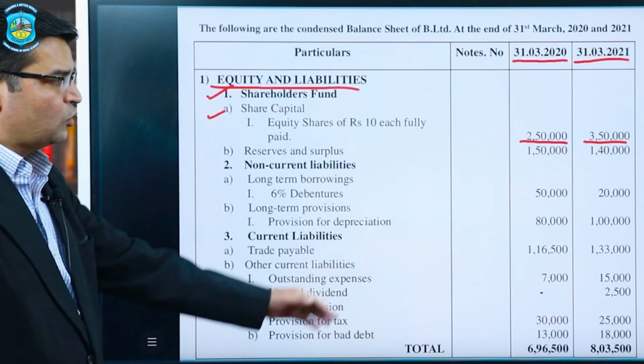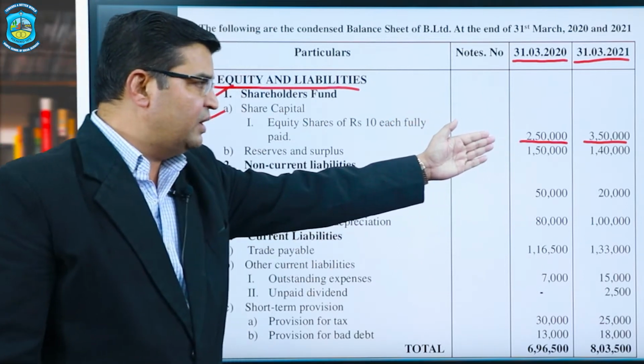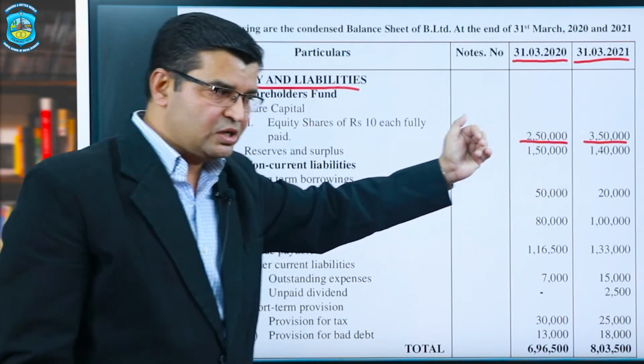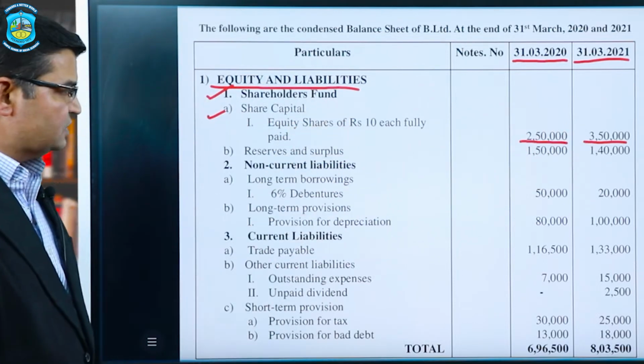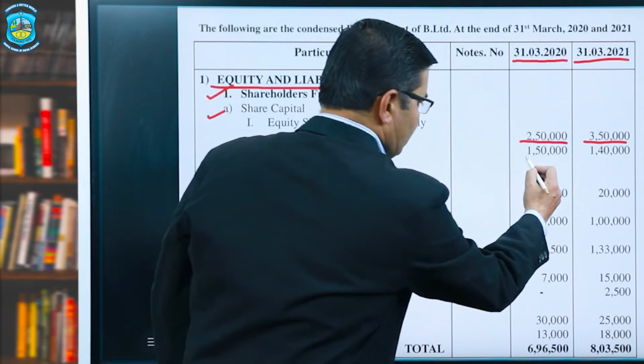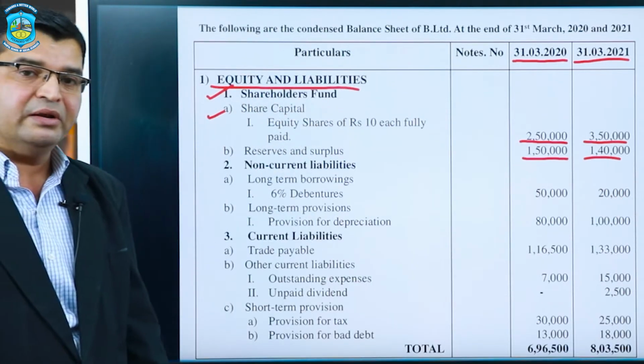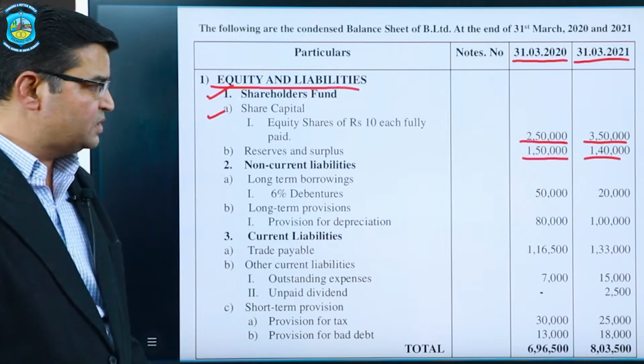It means there are total 25,000 equity shares and 35,000 equity shares of 10 rupees each. Reserve and surplus, it is amounted to 150 and 140,000. It means we see here it has been reduced by 10,000 rupees during the year.